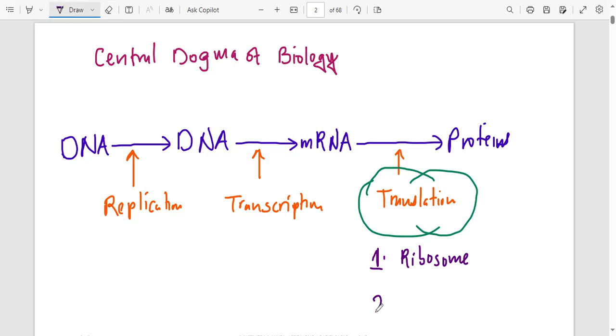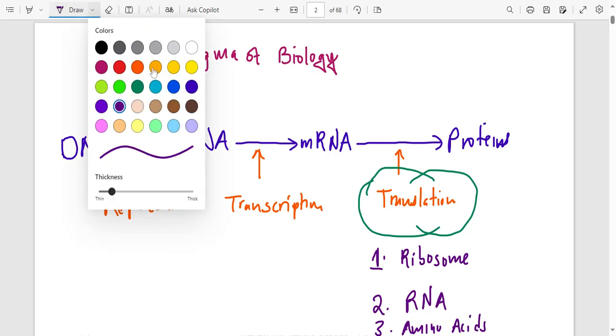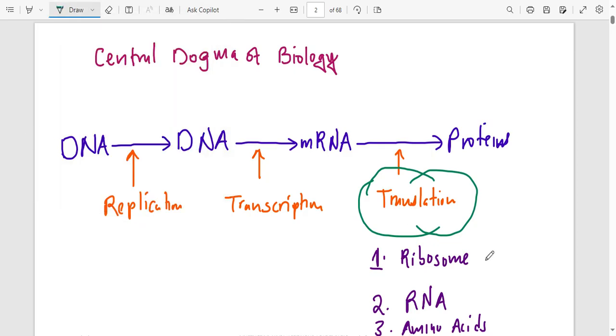We need the RNA, and then we need amino acids. So this is basically what we are discussing on this topic. These three things are what is going to make up the process of translation.